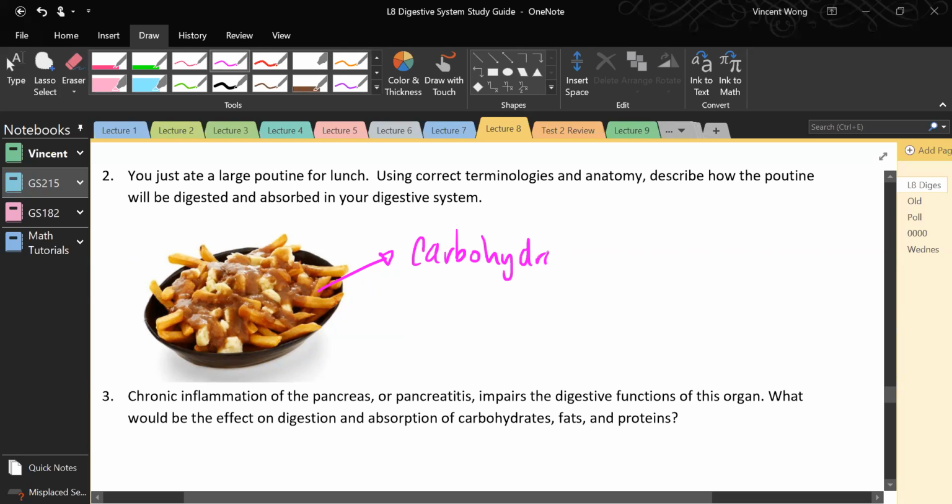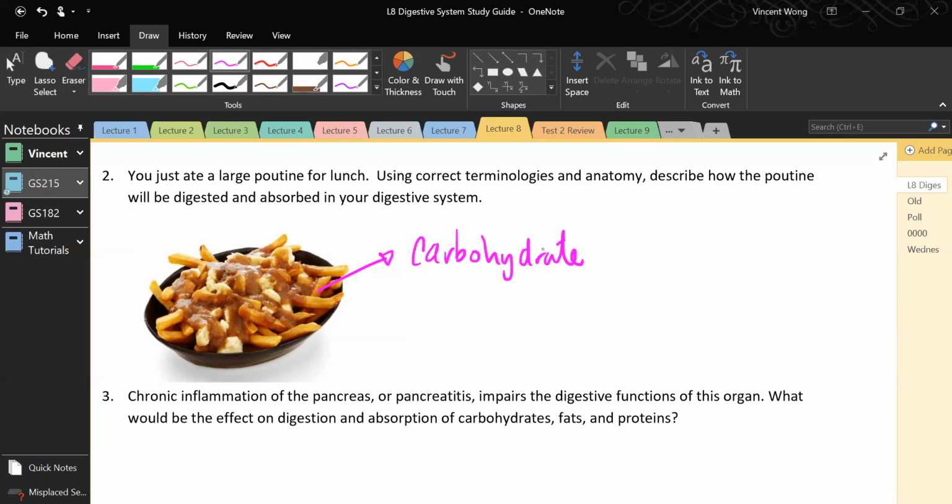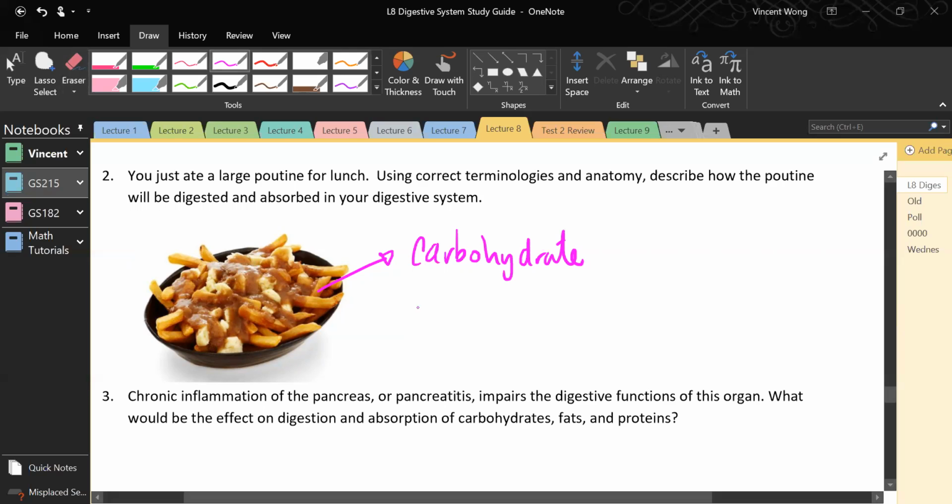What else is in this protein? What is the cheese made of? If carbs is the major component of the fries, what is the cheese made up of? Yeah, there are lipids. Lipids would be mostly in the gravy, I would say. And the cheese is primarily proteins. There are some lipids in this as well.